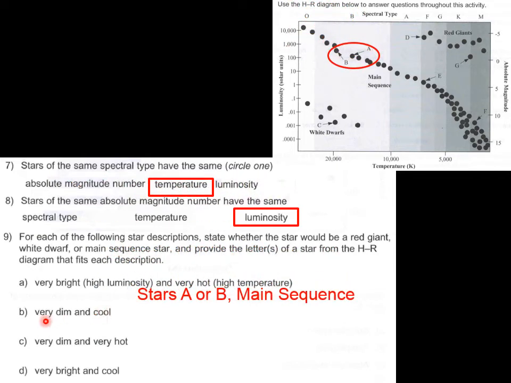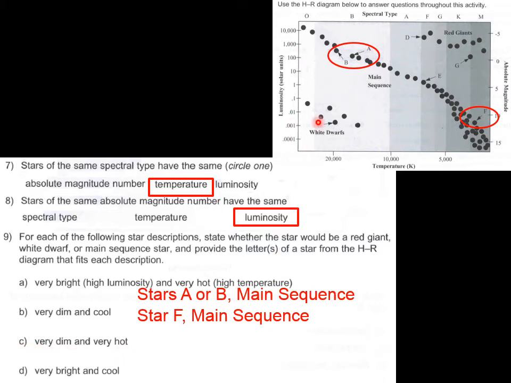For case B, we want something that is dim and cool. So dim means lower luminosity, cool means lower temperature. So it's going to be something down here. So it's going to be main sequence again, and a good case is star F. Next is case C, in which we want something dim and hot.